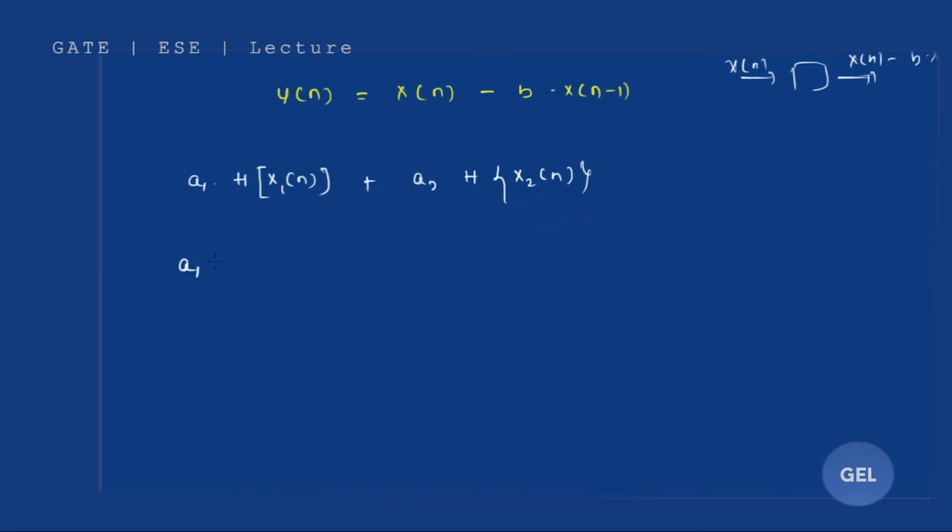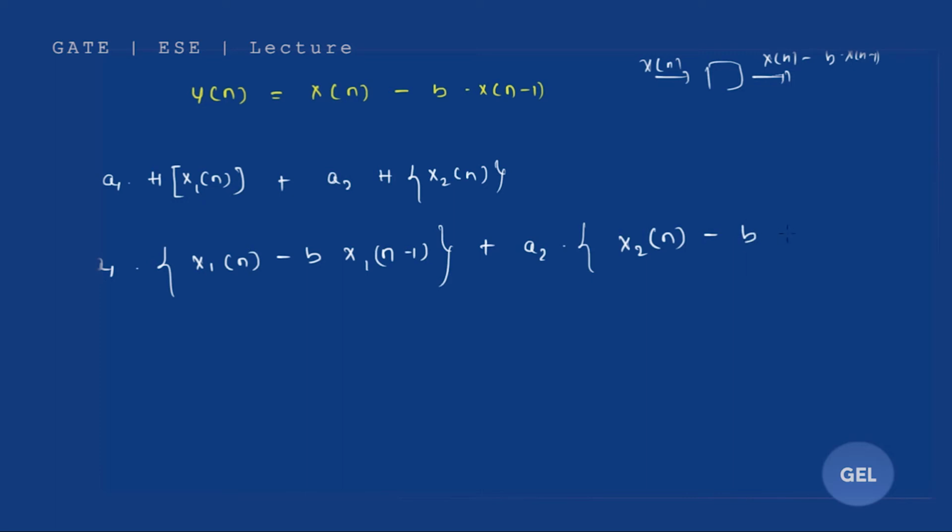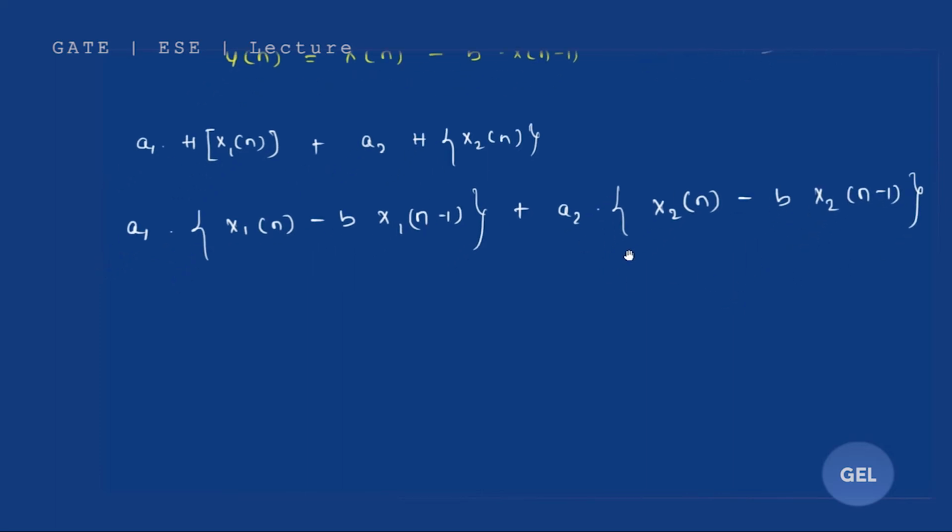We'll get a1 into x1 of n minus b x1 of n minus 1, absolutely correct, plus a2 times x2 of n minus b of x2 of n minus 1, absolutely correct.